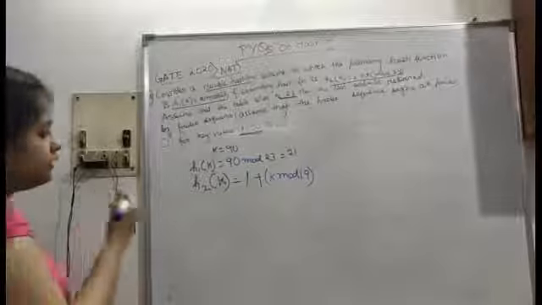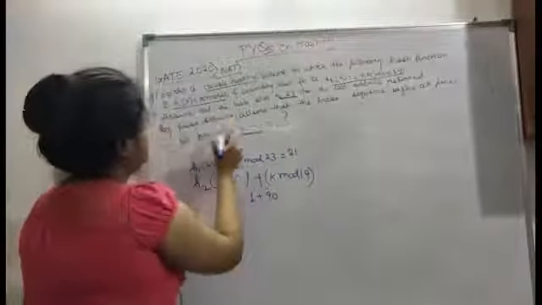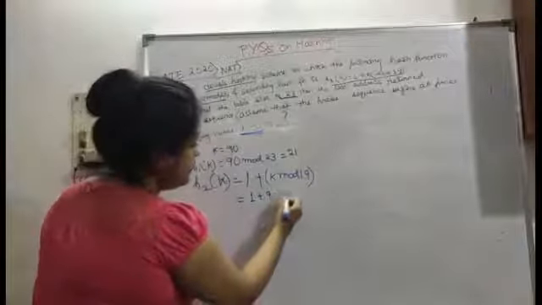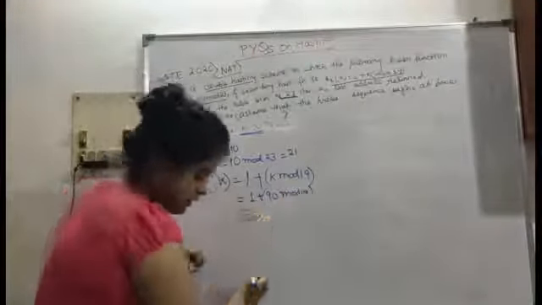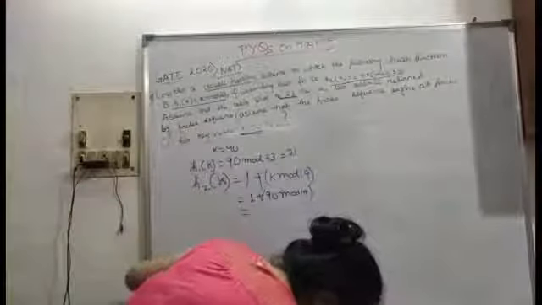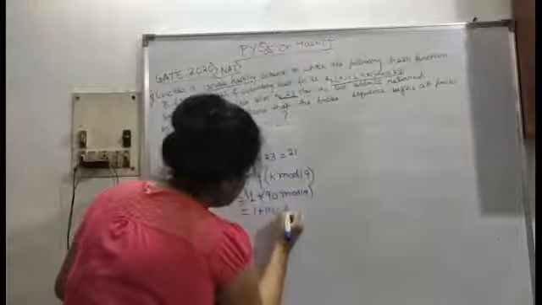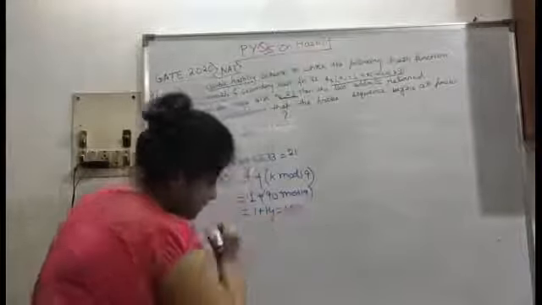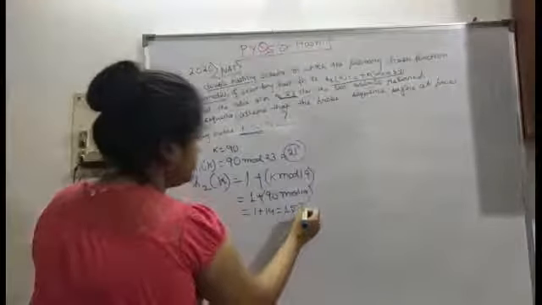So here now 1 plus 90 mod 19, the key was 90, right? Let's see, the answer is 1 plus 14 equals 15. So now 21 is coming, and 15 is coming.